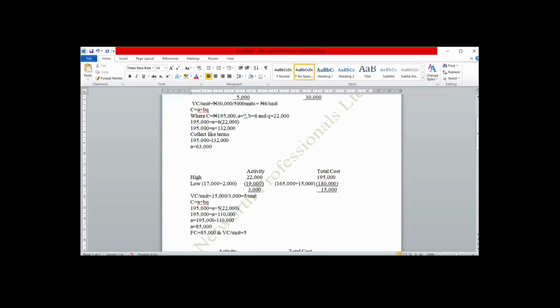That fixed cost is equal to 63,000 plus 15,000, which is equal to 78,000 at any point where there is an increment.